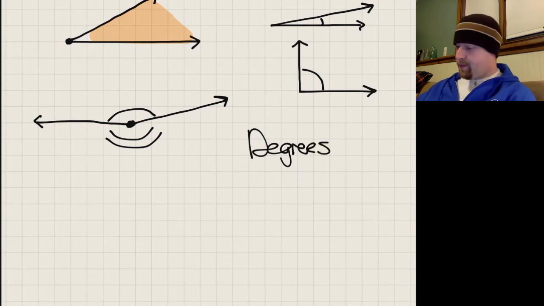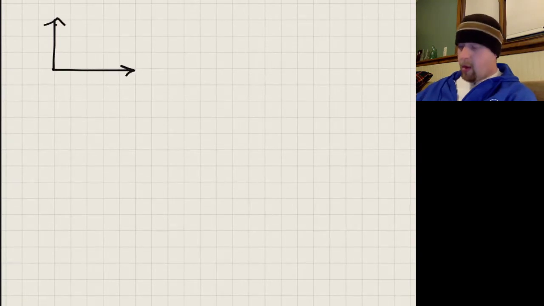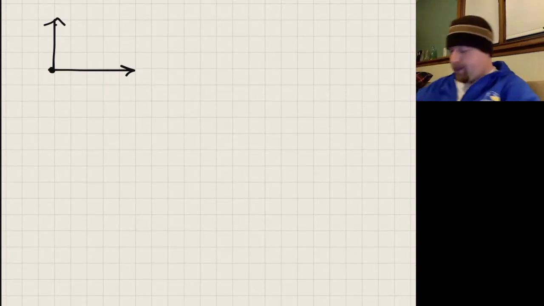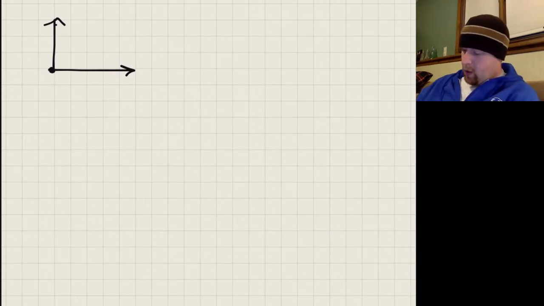Okay, degrees. Let's take a look at what a couple of different angle degrees look like. First of all, if you have an angle made of two rays that are perpendicular, meaning one butts right into the other, then what is formed is called a right angle.